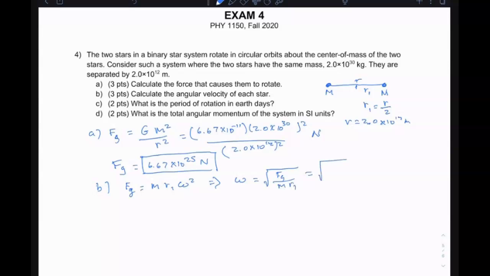So that's the square root of 6.67 times 10 to the 25th newtons over the mass of the star, which is 2.0 times 10 to the 30 kilograms, over r1, which is 1 times 10 to the 12th meters.